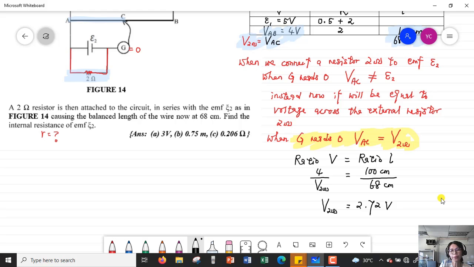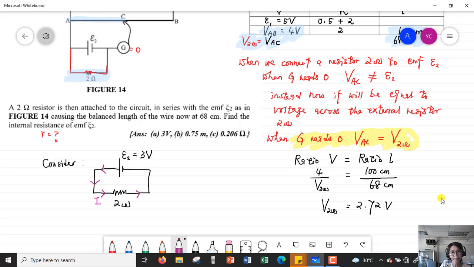Okay, so after we get the voltage across the 2 ohm, we can focus on the circuit below. We consider the battery E2, whose value is 3 volt, which we determined from question 15A. Then we connect it to an external resistor, 2 ohm. There is a current I flowing across this resistor.